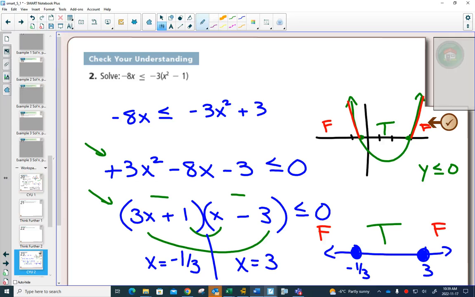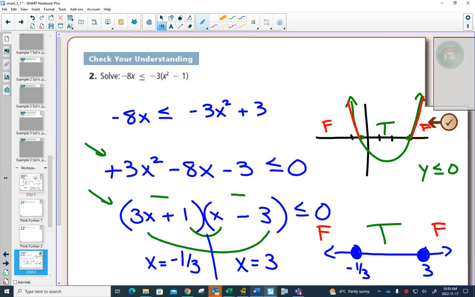In parabolas, does it make sense that these will always alternate? True, false, true, false, true, false. Okay? When you get into grade 12 pre-calculus, you will sometimes have true, true, false, false, false, true, true. You could have different things happen when you get into calculus. But for now, they're going to alternate. But you can't assume in the rest of your life that it's always going to alternate. Okay?